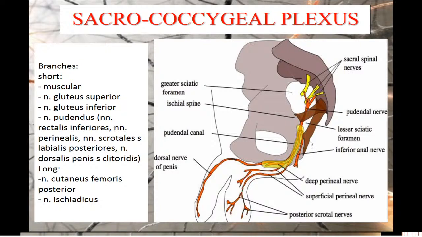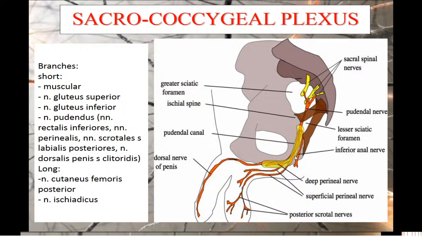These inferior rectal branches supply the external anal sphincter, musculus sphincter ani externus, and also the skin around the anus.